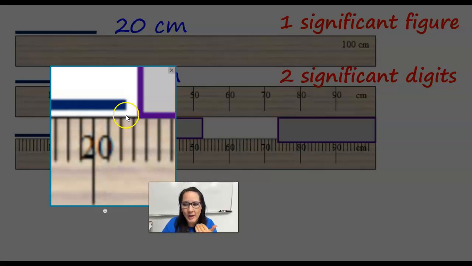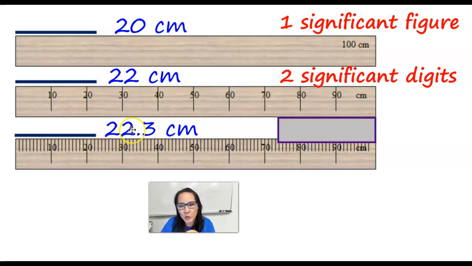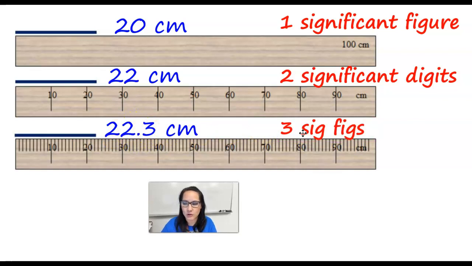You can't go any further. You can't estimate more than once between the lines. And so we're going to say that this is 22.3 centimeters. So I'm sure it's 20, I'm certain that it's 22, but I'm guessing it's 0.3. So all 3 of these are considered my significant figures or sig figs.